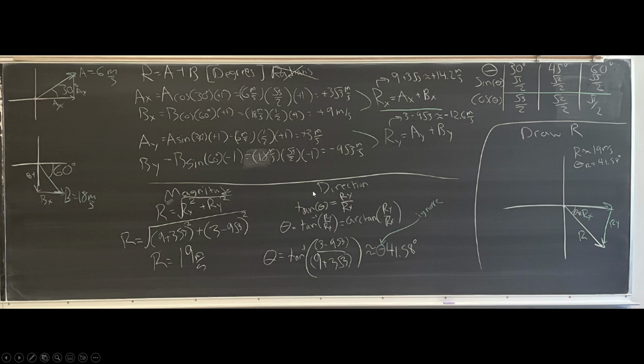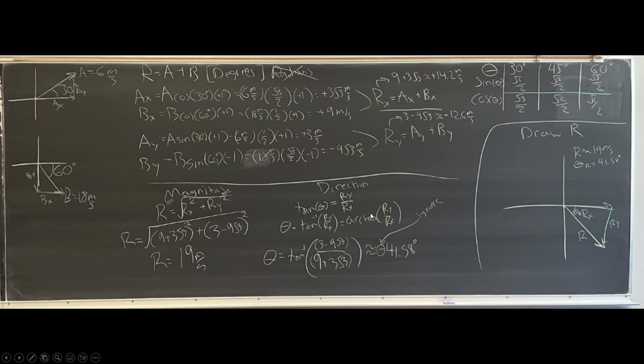As far as direction goes, we need to use the tangent function temporarily. Tangent of theta equals ry divided by rx. While rearranging that, your calculator might show it in two different ways. The more common way is showing the inverse tan function, tan to negative 1. I like to write it as arctangent, or arctan, of ry over rx.